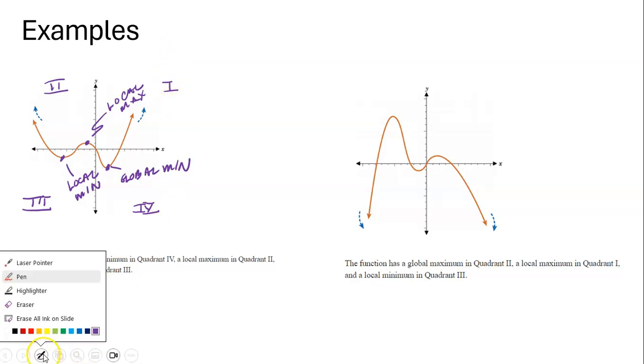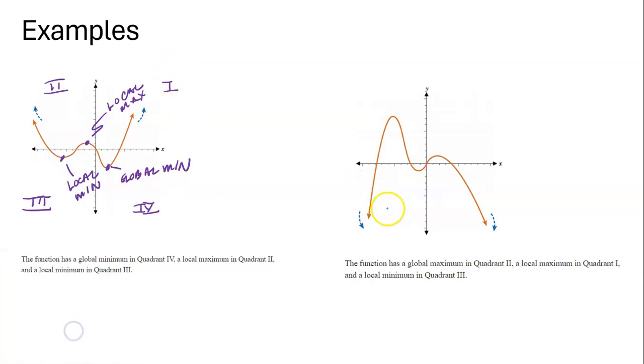Let me change colors because that makes me happy. 1, 2, 3. I'm just naming my quadrants. So I know that we've got an inflection point there, there, and there. We have a global max here.